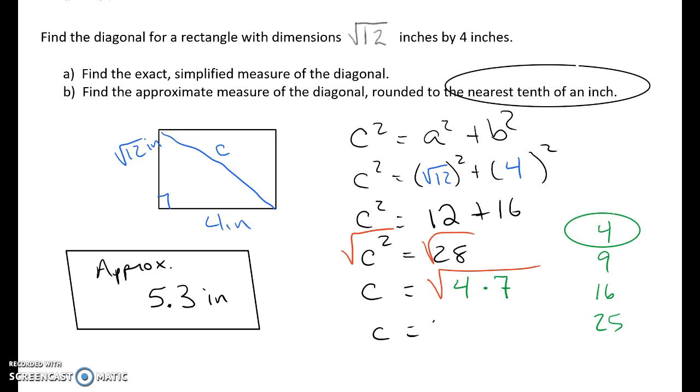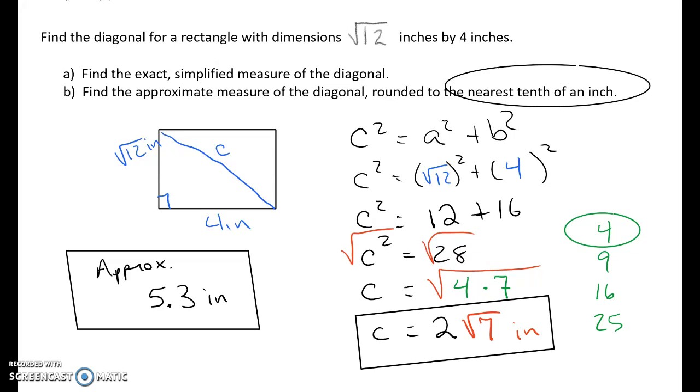If I take the square root of 4, I'll get a 2, and I'm left with a 7 inside the square root. So my answer for the exact simplified form is c equals 2 times the square root of 7 inches. I'll want to put that into my calculator and make sure I also get out that 5.3 inches, that approximate value that I calculated earlier.